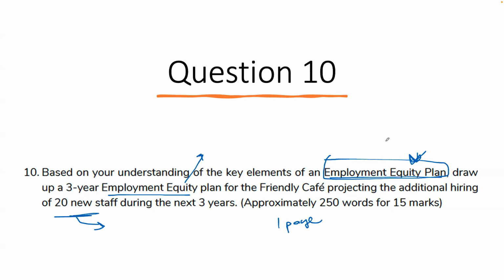So you'll give the theory of it, and you'll say, this is the plan. We want to employ X amount of Black women, so many white women, so many Black African males, etc.